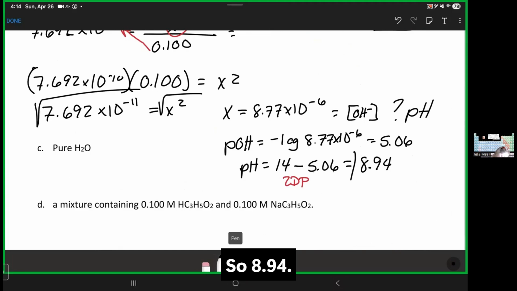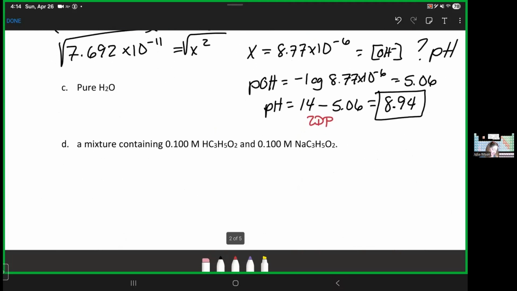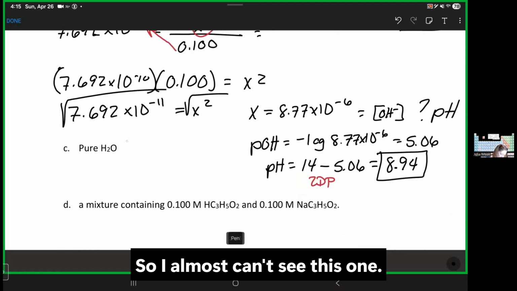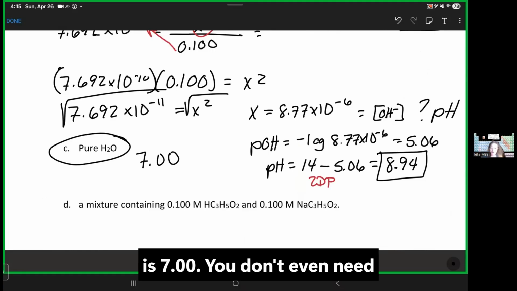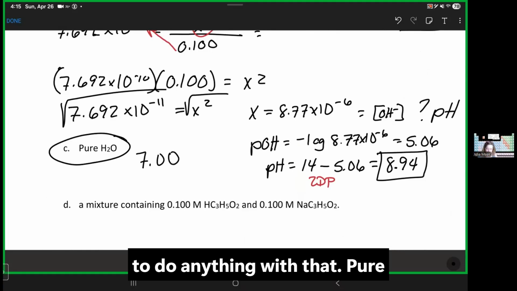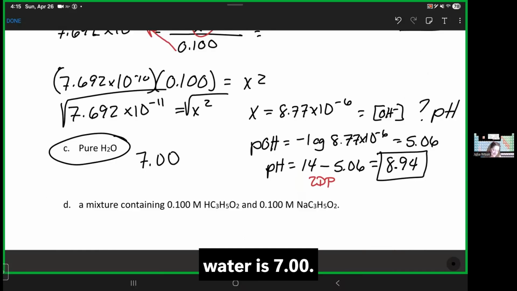So 8.94. I almost can't see this one. C is pure water. Pure water is 7.00. You don't even need to do anything with that. Pure water is 7.00.